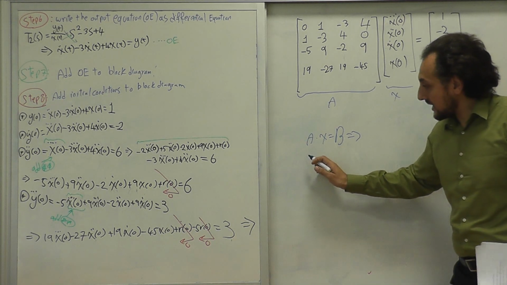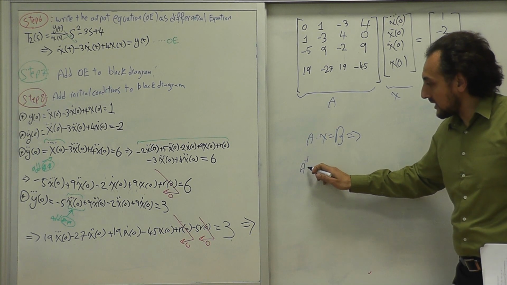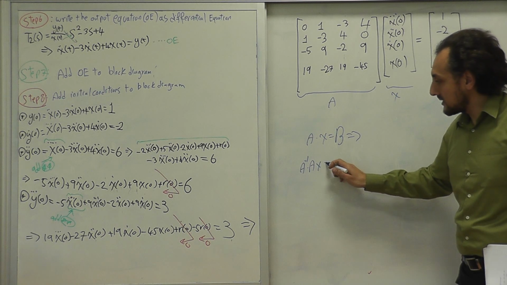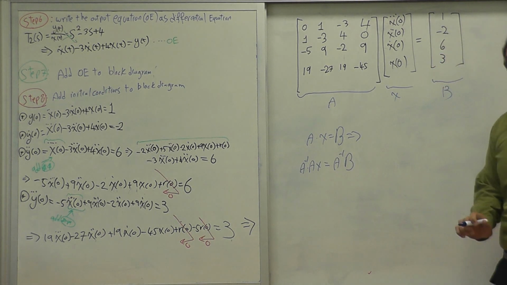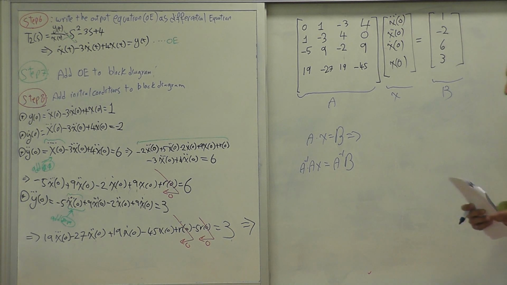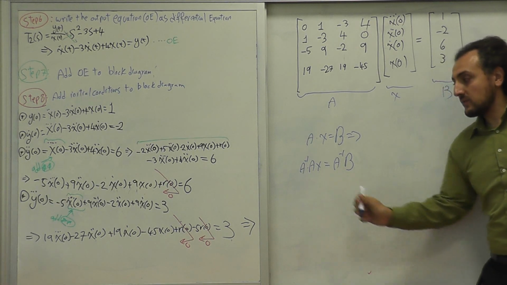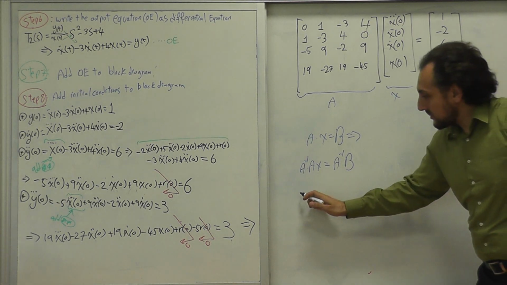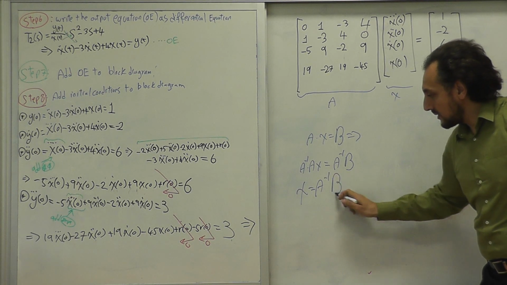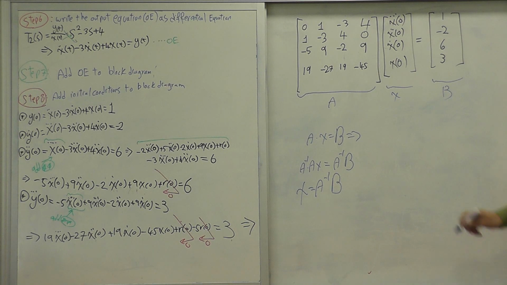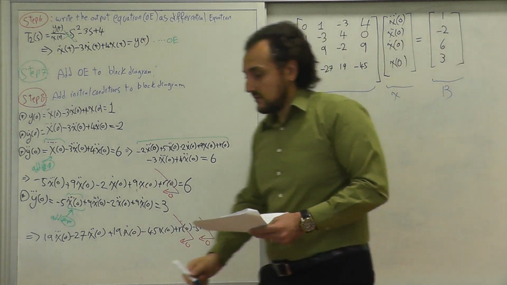I need A inverse: A inverse A x equals A inverse b. Is it correct? I just multiply by the inverse. So then x equals A inverse b, right? So you can do this in MATLAB. I will just go for the answer, for the last answer.